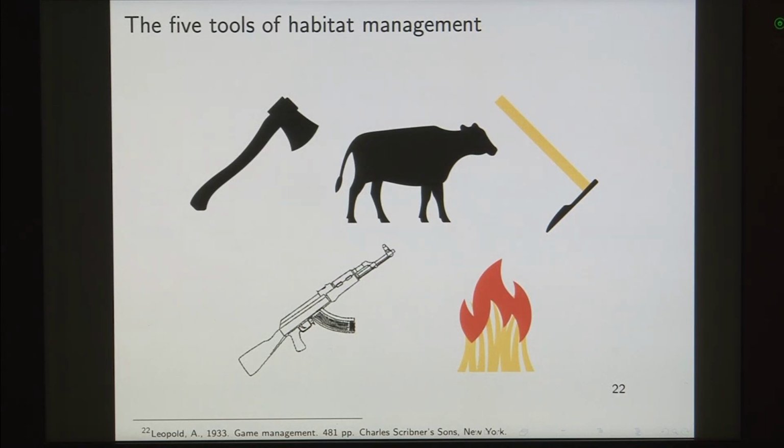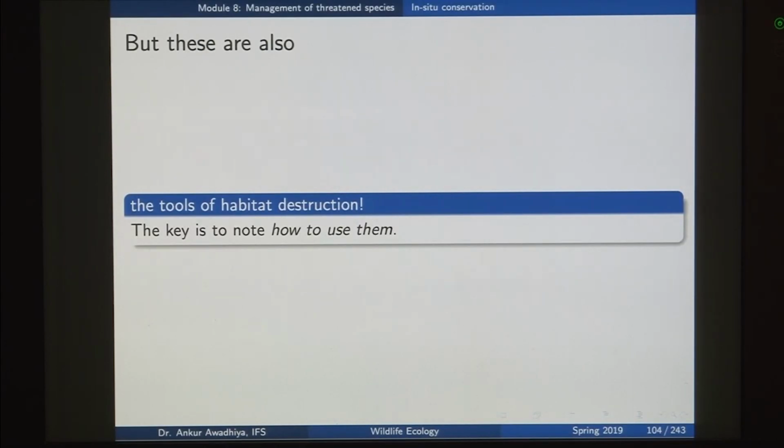Now, if you look at all these 5 tools of habitat management that classically we have been using, the axe, the cattle, plow, the gun and the fire, these also incidentally turn out to be the tools of habitat destruction, because gun is used for poaching, forest fire is used to destroy forest, plow is used in the case of encroachment when people want to convert a forest into agricultural land, cattle is used again as a competitor against our wild animals and so on.